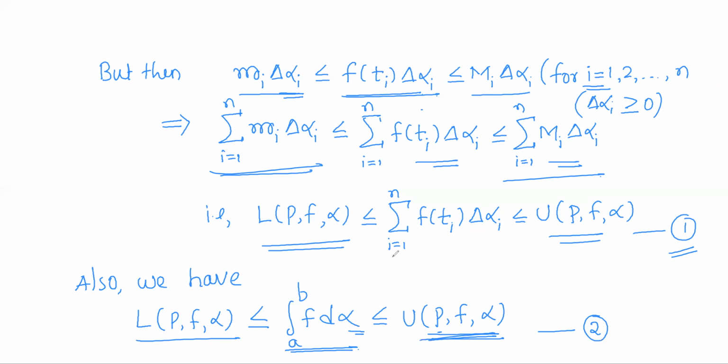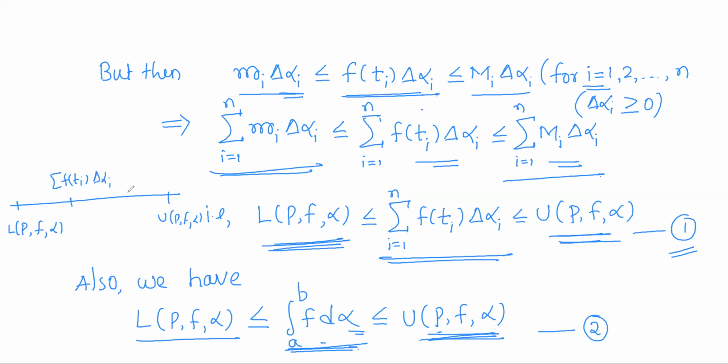So now observe, this value and this value, both are in between L(P,f,α) and U(P,f,α). So once again, the same thing on the real line, as all these are real numbers, I'll show graphically. So L(P,f,α) will be here, U(P,f,α) will be here. So these are lower and upper bounds. So in this range only both numbers are there. I don't know which is smaller and bigger, but both are in between L(P,f,α) and U(P,f,α), right? Suppose the summation is smaller and the Riemann-Stieltjes integral is bigger.